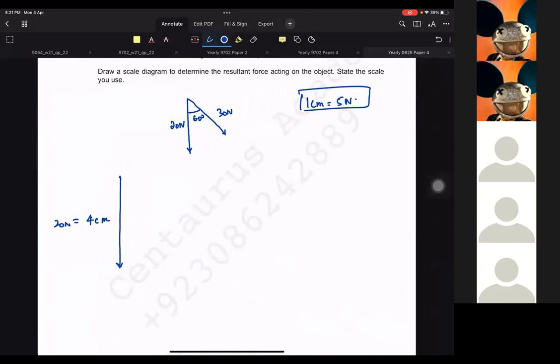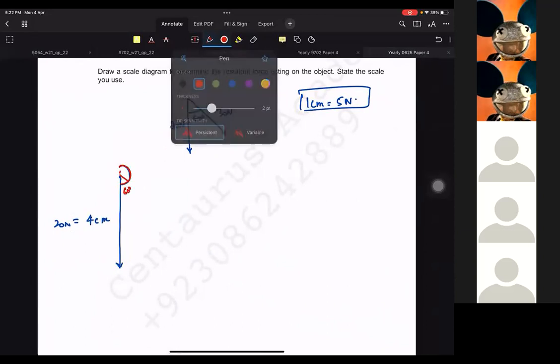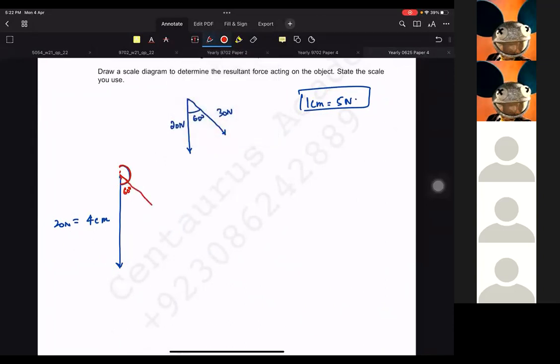Then I'm going to put my protractor like this, and measure 60 degrees. When I measure 60 degrees, I will extend this line to 6 centimeter, which will be equal to 30 newtons, right?